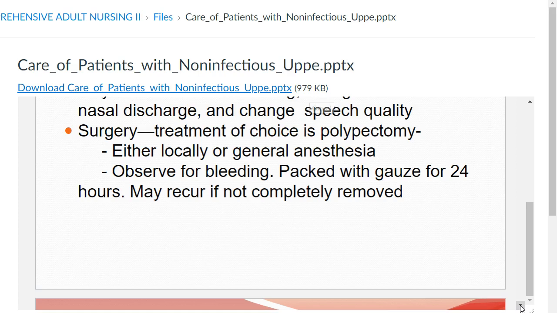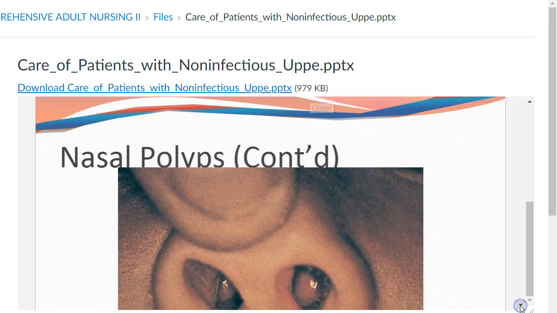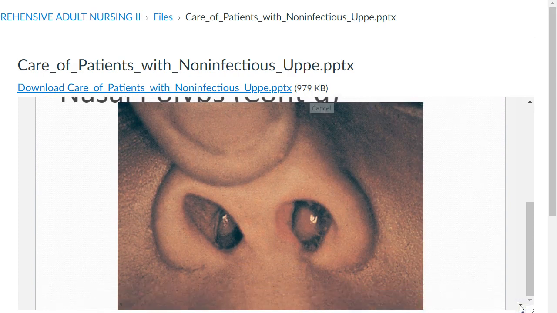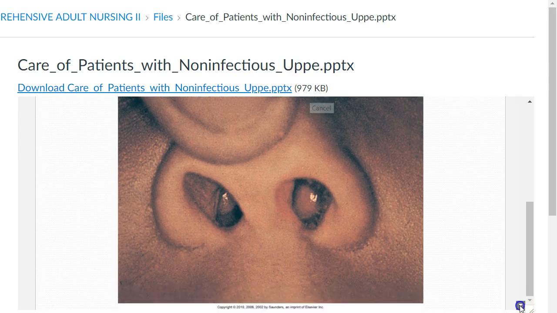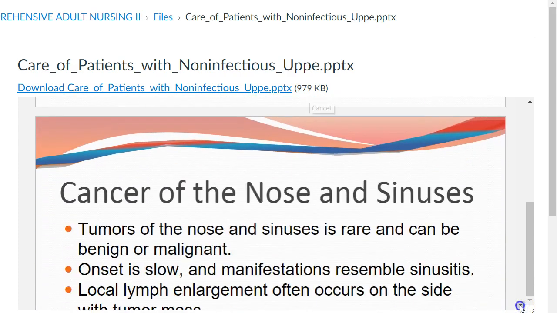And like I said, if you have polyps, you're at risk for them to return. Sometimes they can provide nasally inhaled steroids and then obviously surgically remove the polyps under local or general anesthesia, okay? So that's pretty much about it with polyps. This is how they look. You can see them up there, how that one on the right looks fairly big, that it could really cause a fair amount of obstruction.